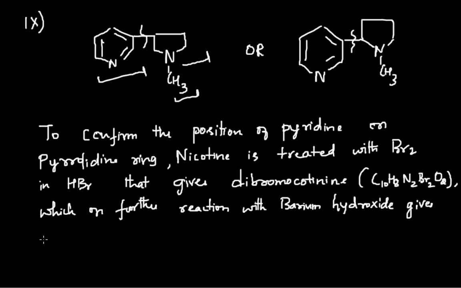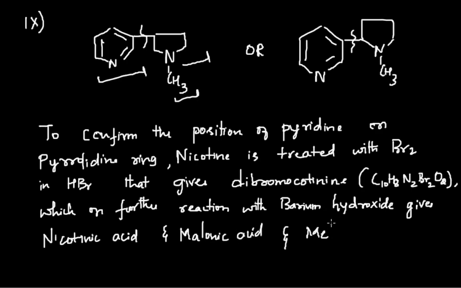Which on further reaction with barium hydroxide gives three products: nicotinic acid, malonic acid, and methylamine. So let us see what structural elucidation we can do based on this information.